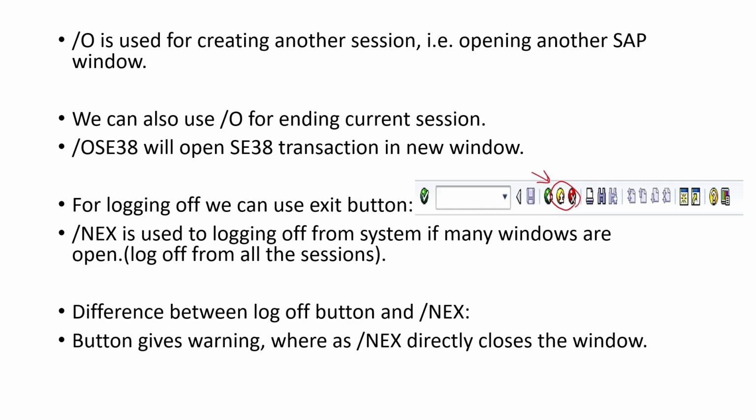Yes, sir. So you just need to understand that if I use this button, it is not going to give me any warnings, directly off. If I use the command, /o is a command, then it is going to ask me first for confirmation and then take the action. So this is the main difference between these two.